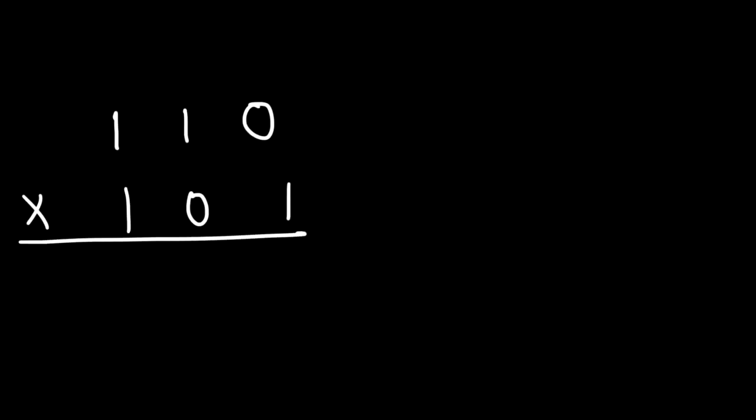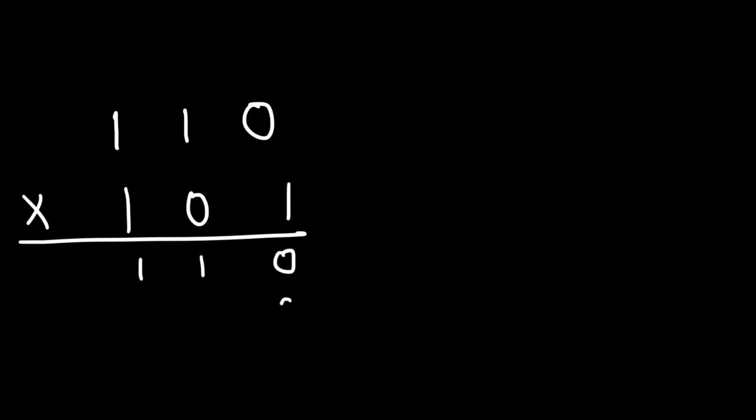This time, we're going to multiply a binary number with 3 digits by another binary number with 3 digits as well. Go ahead and pause the video and work this out on paper if you want to. So here we're going to multiply 1 by 110. It will give us the same result, 110.